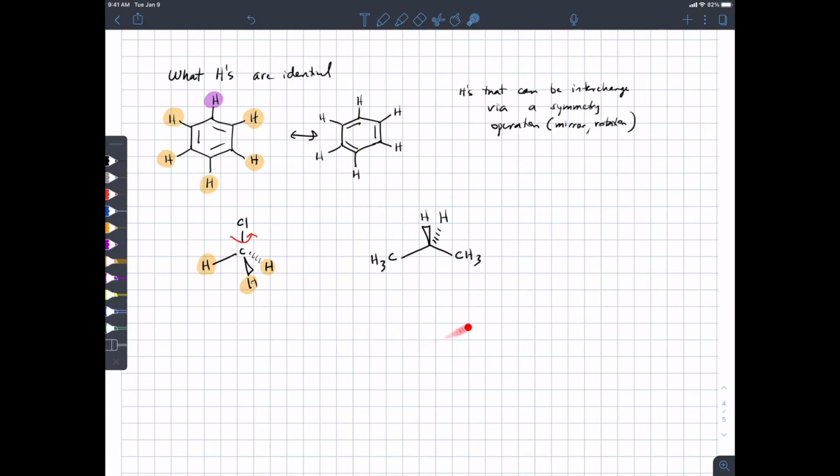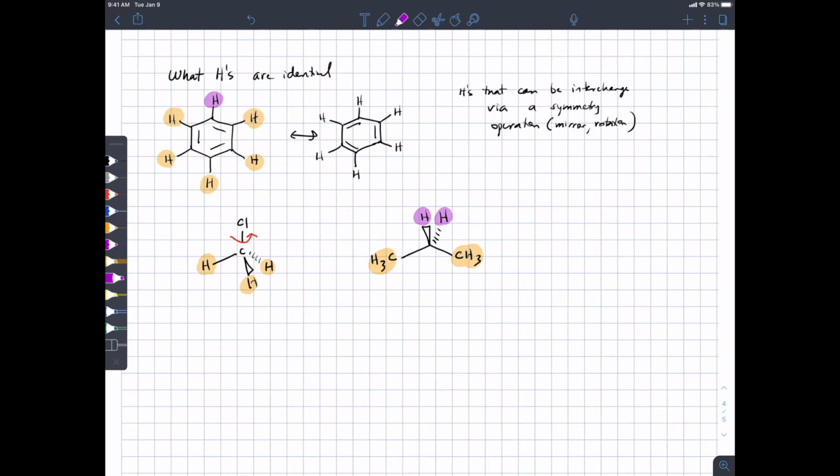How about here? How many different ones do we have there? What do you think? 2? Okay. Which ones are identical and which ones are different? Methyls should be the same. You can interchange them by rotating around this axis or by reflecting through a mirror also right there. And then these two, are these two the same or different?